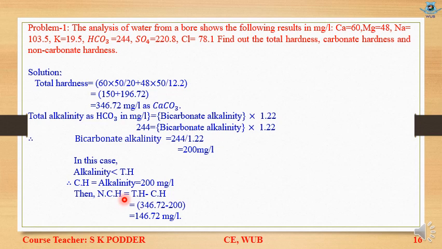So the non-carbonate hardness is total hardness minus carbonate hardness. By subtracting 200 from the total hardness, 346.72, we can easily find the non-carbonate hardness, which is 146.72 milligram per liter.